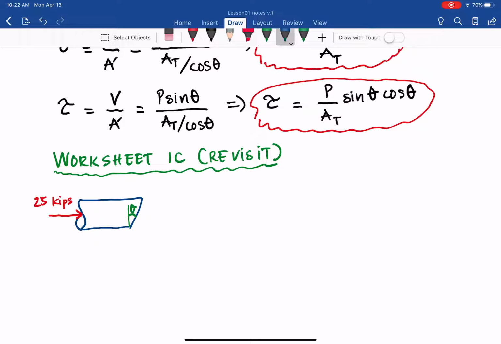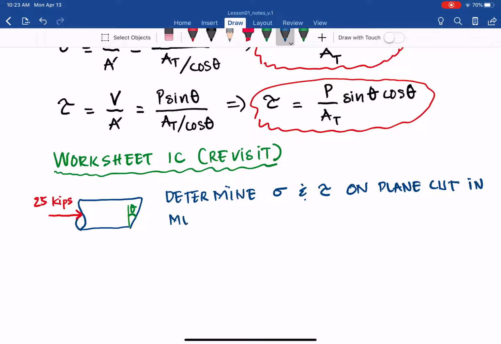So let's determine what the question is. We want to determine sigma, the normal stress, and tau on the plane cut in member HI, which we did in worksheet 1C, at theta equal to 30 degrees from the transverse.